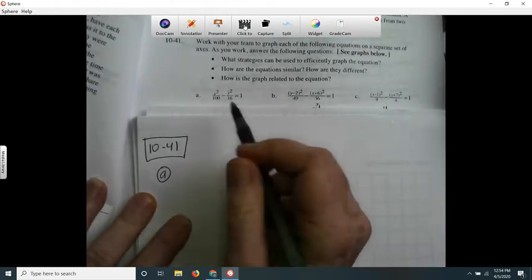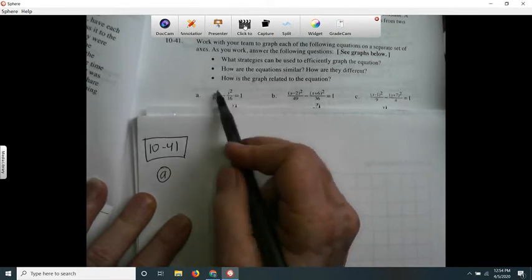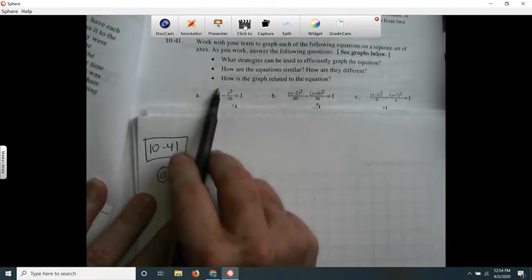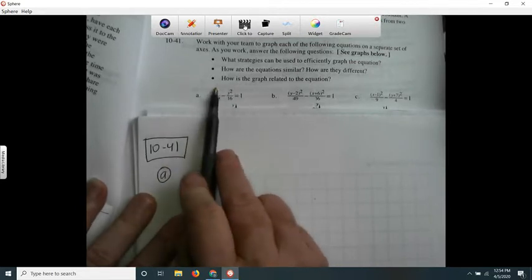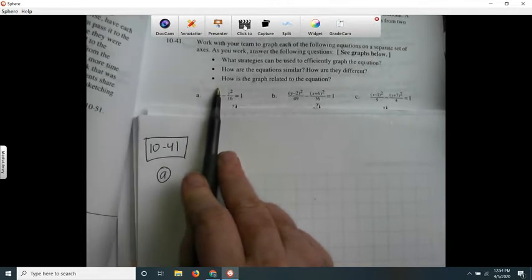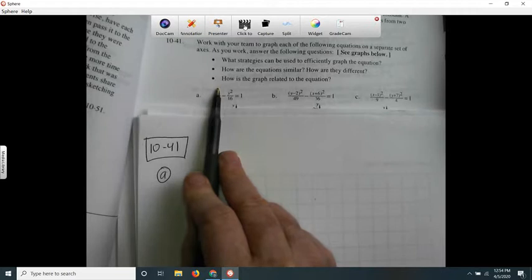But it is true that you could find the intercepts, like you could put in 0 for x, and actually, what would happen if you put in 0 for x and try to find the y-intercept? Well, you could multiply both sides by -1, and then maybe multiply both sides by 16, and then you would find the square root of -16.